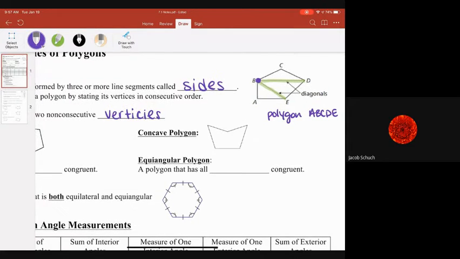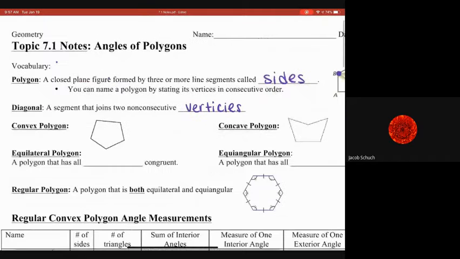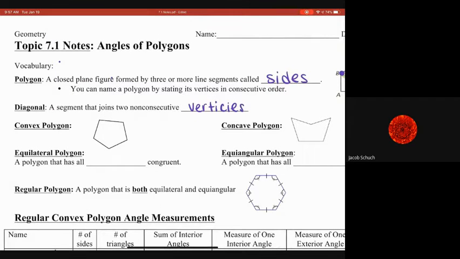Then we have convex polygons and concave polygons. Convex and concave are some sciencey words that you might have heard before in a science class, like concave and convex lenses. Convex means all the corners are pointing outward, like a very traditional shape, like a rectangle, square, etc. Concave means you have one or more vertices that are literally caving into your shape.